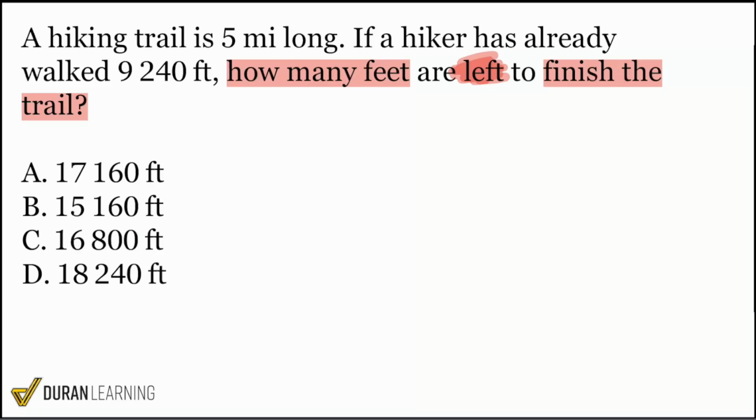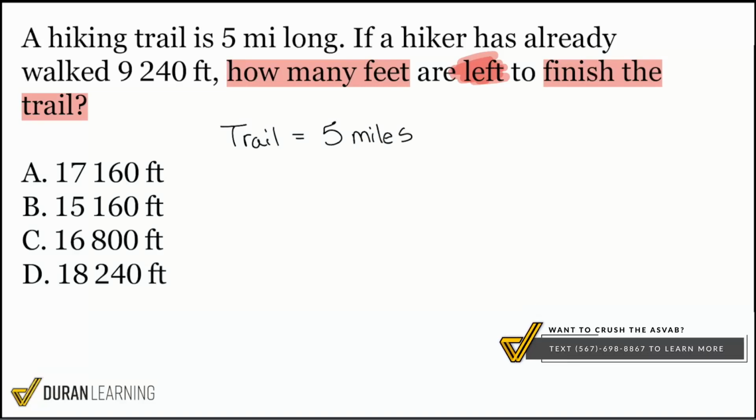So what do we know so far? We know that the hiking trail right over here, it's 5 miles long. So the whole trail, the trail equals 5 miles. All right, sounds good. Now from there, it says the hiker has already walked 9,240 feet.